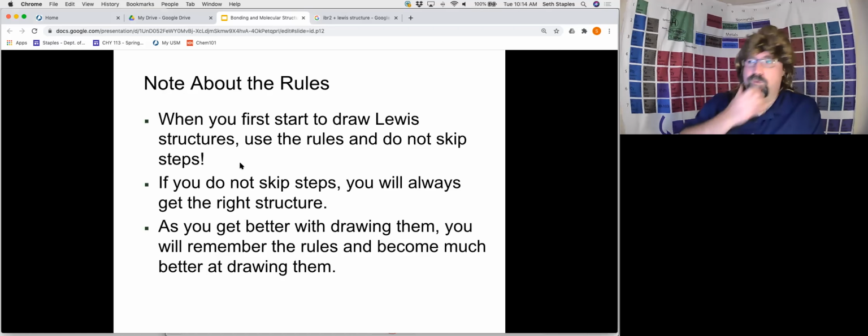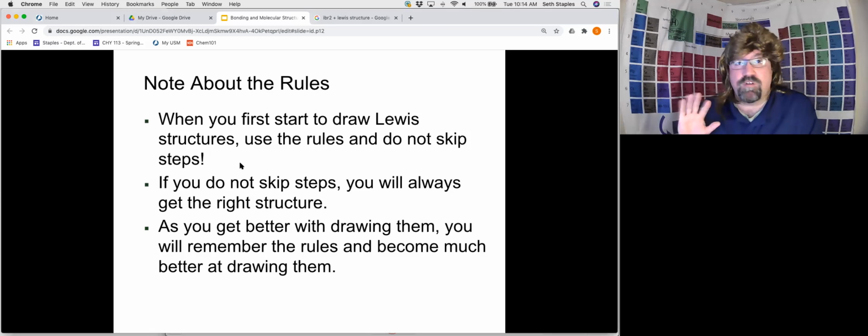And so some tips when you're starting to draw Lewis structures. Don't skip the steps. Don't think ahead and say to yourself, well, I know this is what's going to happen, so I'm just going to draw this in. As you get better and better and do more of these, you might be able to do that. But as you're first starting these, go very stepwise. Do not skip steps when you're writing these structures.